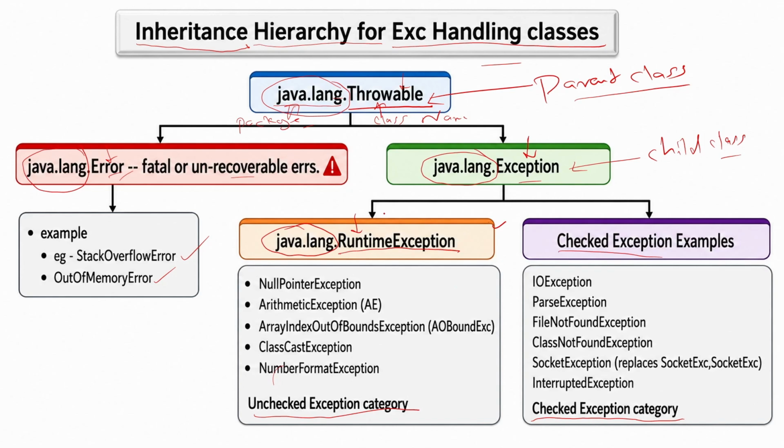Simply, unchecked means whatever exception classes are inherited from the RuntimeException class. RuntimeException is a child class of the parent Exception, and Exception is a child class of the parent Throwable. So are you getting the hierarchy? Throwable is the parent class, Exception is the child class, and Exception is the parent class for RuntimeException and the checked exceptions.